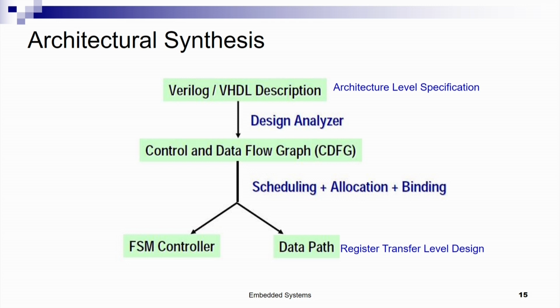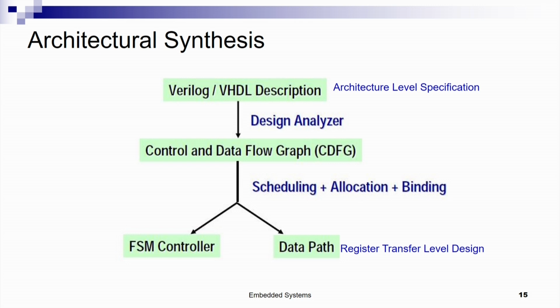Now once this Verilog VHDL description is known, we have another program called the design analyzer, which transforms this specification into a control and data flow graph representation, or CDFG representation, which we will look at.